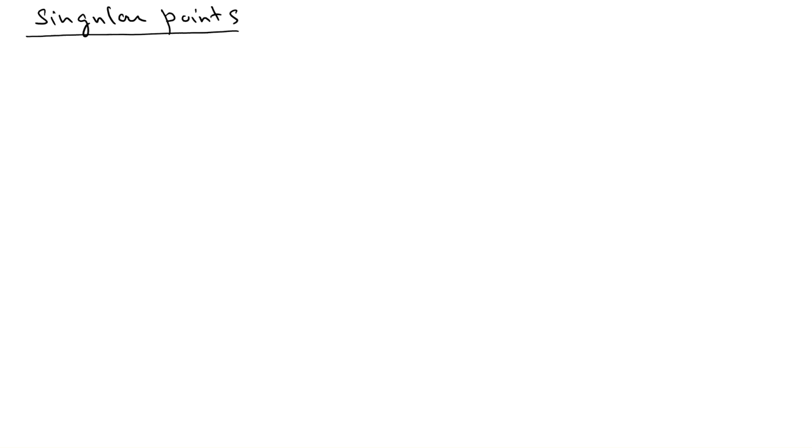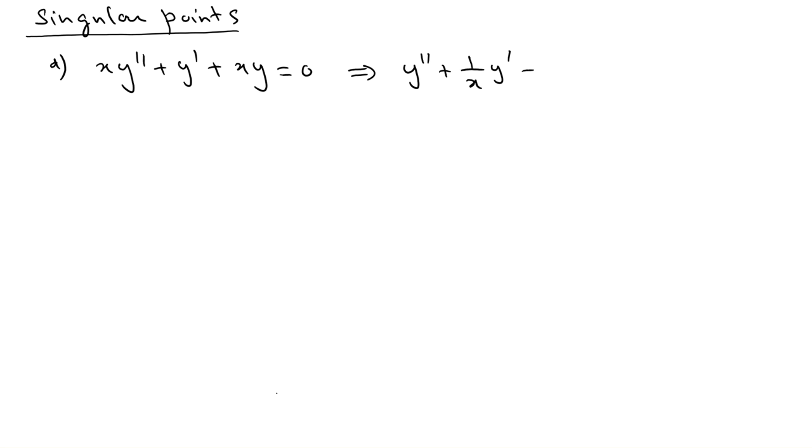Let's look at this one: x y double prime plus y prime plus x y equals 0. You can divide by x, and then write this as y double prime plus 1 over x y prime plus y equals 0.